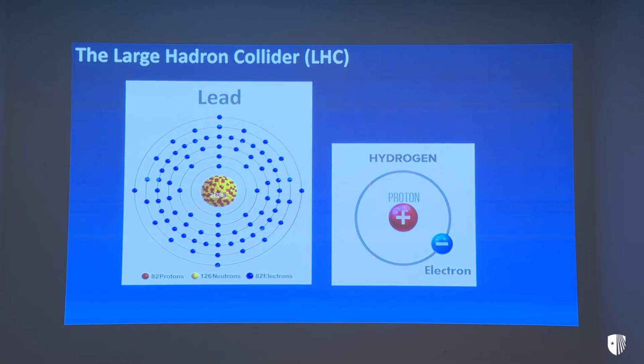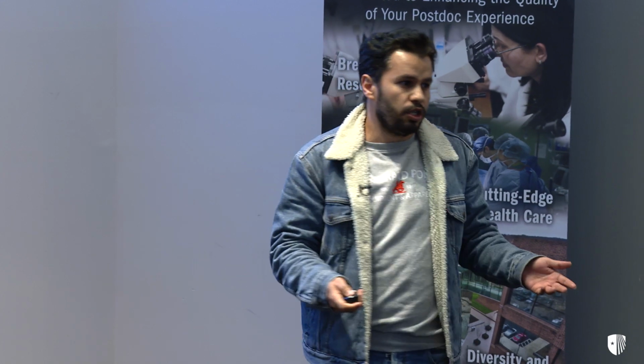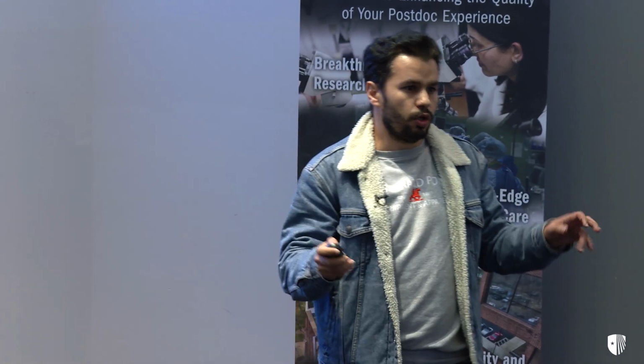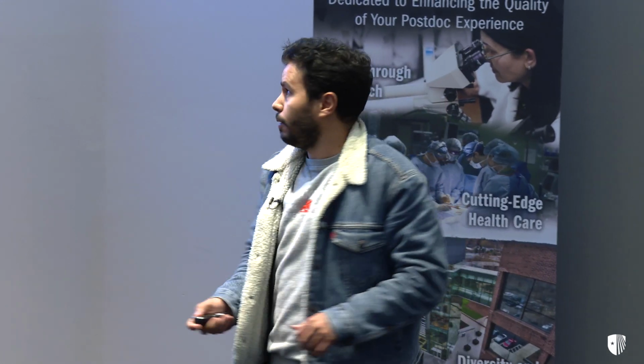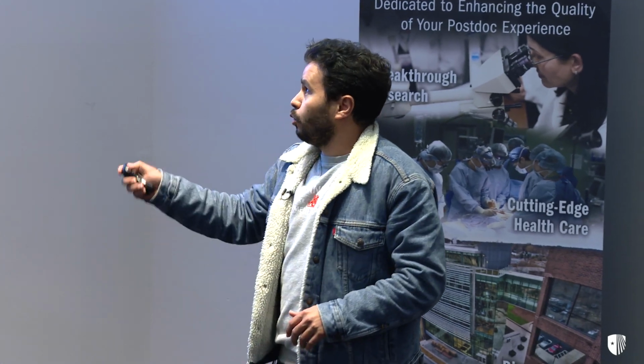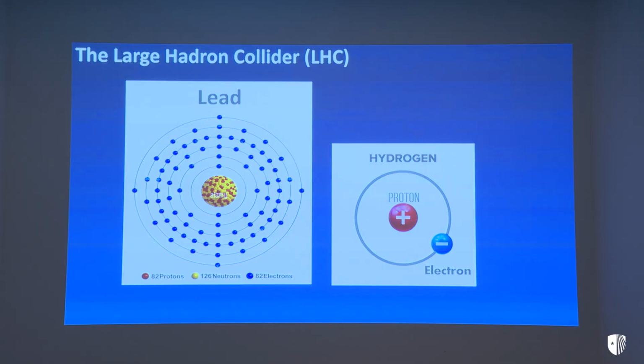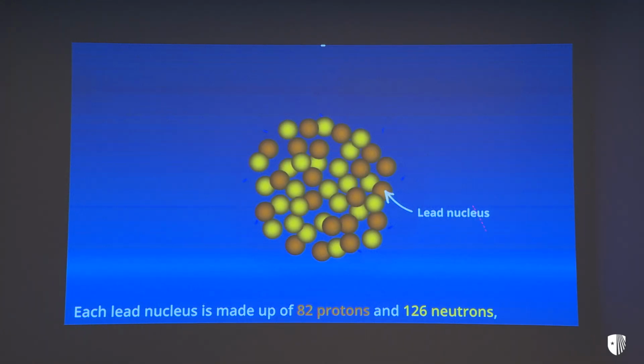We have protons, which we take from the hydrogen atom, and you might have heard about this one. The protons are what we used to discover the famous God particle, the Higgs particle, in 2012. We also collide lead ions: we take lead atoms and remove the electrons, and we are left with a lead nucleus.